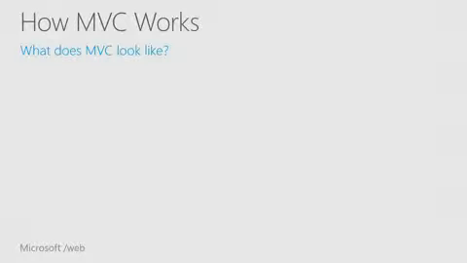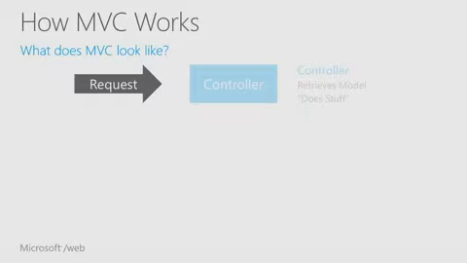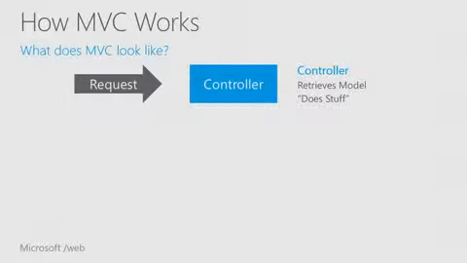So you've got to do the obligatory slides of how things work. And I didn't want to just do 3 boxes of model, view, and controller, because those things never seemed to work for me when I was learning it. So you've got a request that comes in. And that request, through a feature called routing, goes to a controller. As Scott pointed out earlier, a URL doesn't map to a file. It maps to something else.